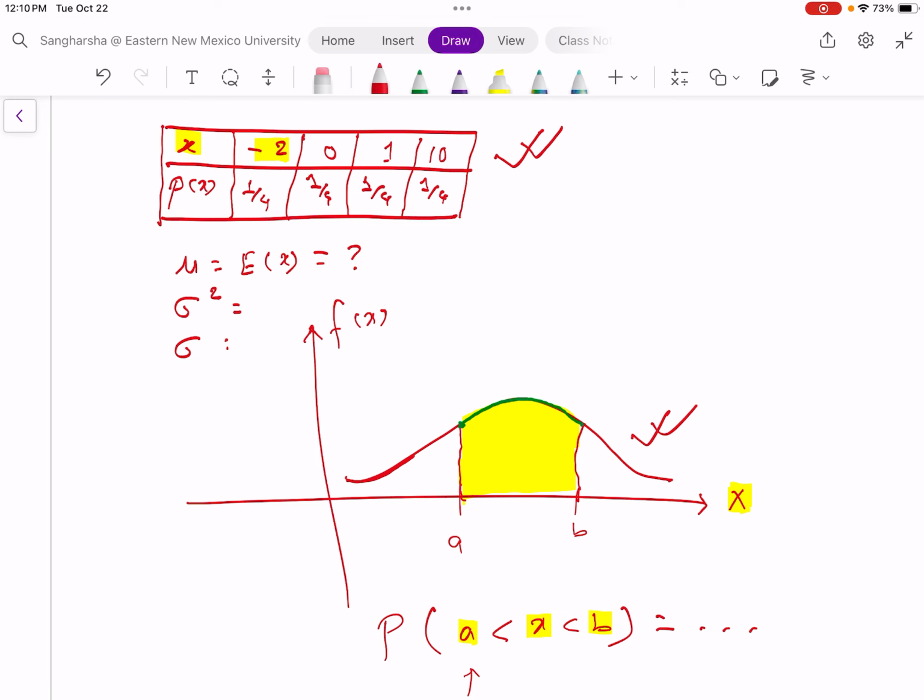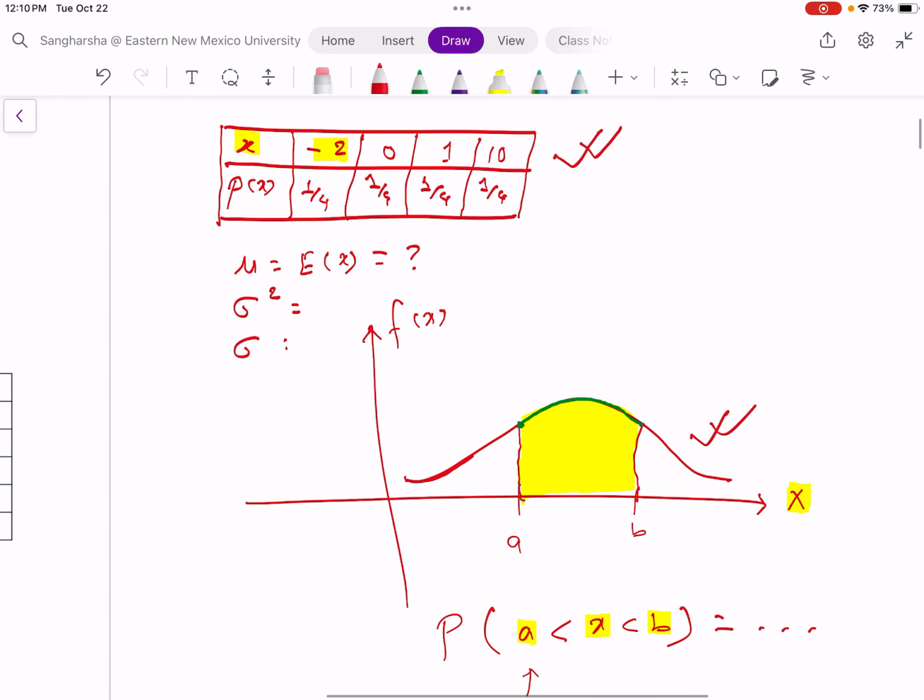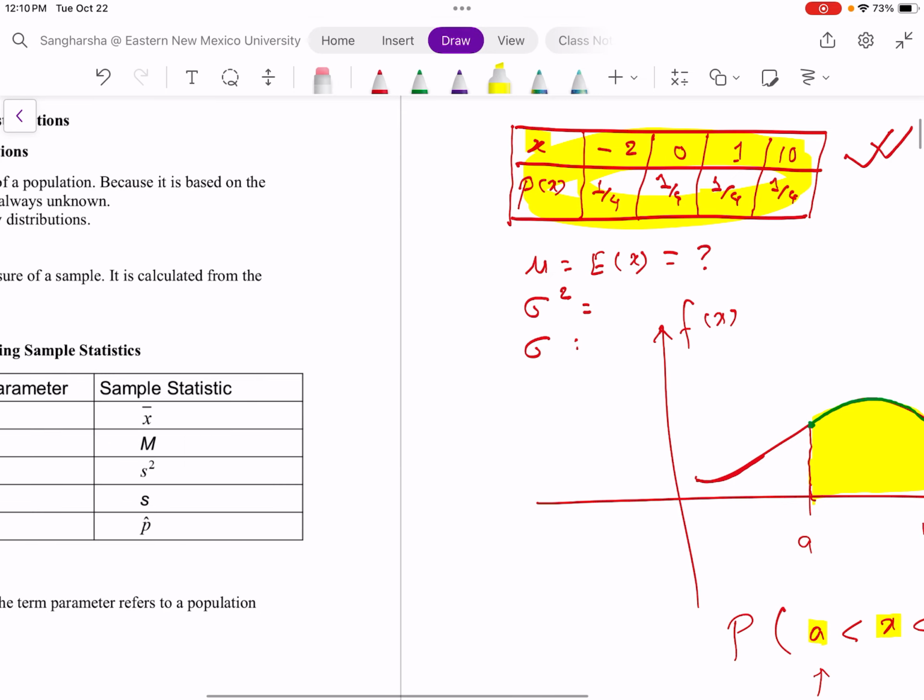Now in this chapter our target is finding the probability distribution. So here we'll try to make a table, and we'll use this table to make an estimate of the population.